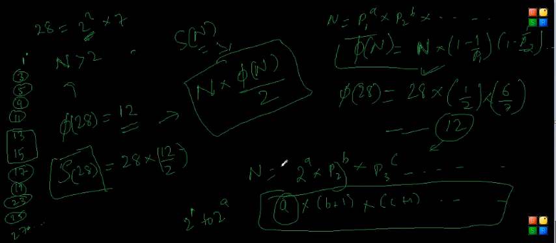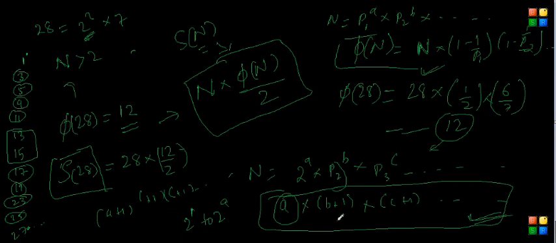And how about finding out the total number of positive odd factors of n? Very simple. Just subtract this expression that we got for even positive factors from the total factors. What was my total factors? Total factors would have been simply a plus 1 into b plus 1 into c plus 1, so on and so forth.